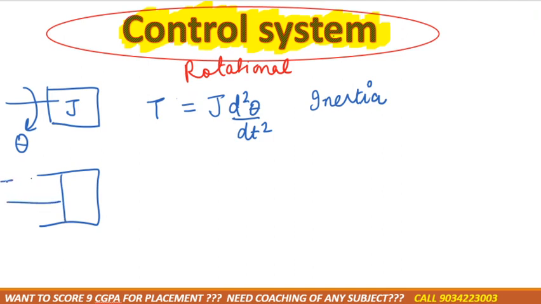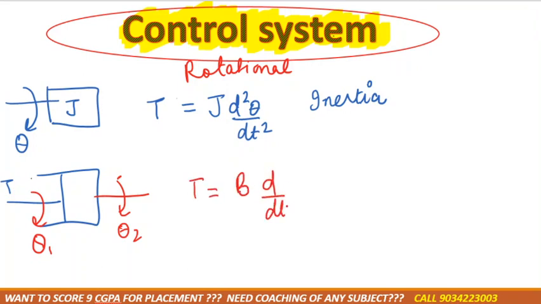Next one we have is the damper. Again torque is applied and it displaces by an angle. Here it displaces by theta 1 and here it displaces by theta 2. So in this case the torque equation is B for the damper, d by dt of theta 1 minus theta 2, that is for damper, correct?